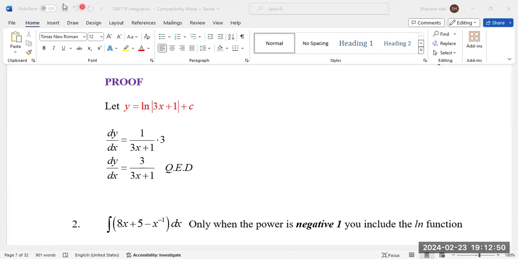What answer did you get? 4x squared plus 5x minus ln absolute x. Incomplete. What else are you supposed to proceed with? Thank you, Simon.